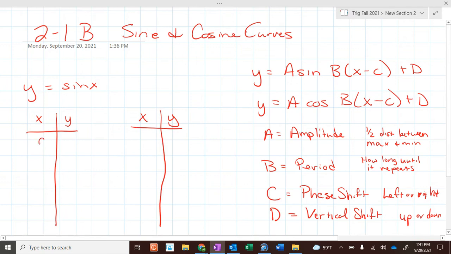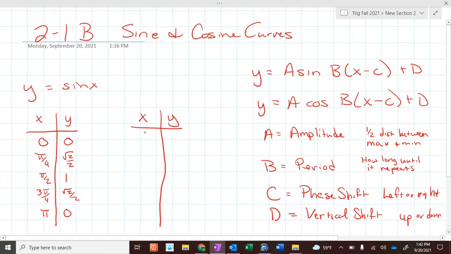Y equals sine of x. What's the sine of 0? What's the sine of pi over 4? What's the sine of pi over 2? 1. What's the sine of 3 pi over 4? Square root of 2 over 2. What's the sine of pi?